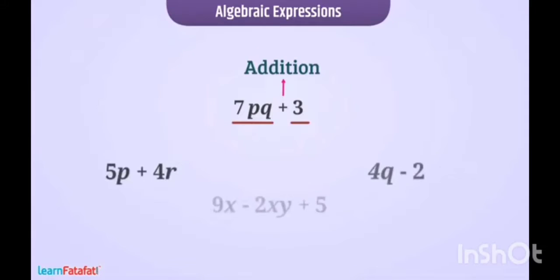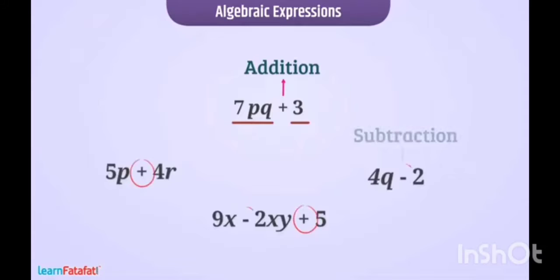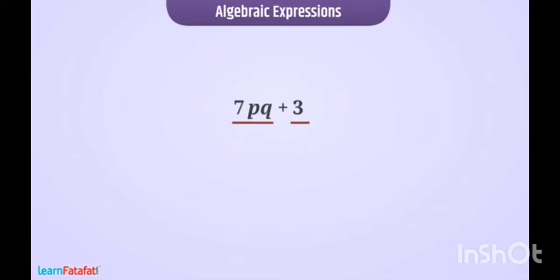In every expression, we see various terms separated by addition or subtraction operation. If you think about any term, then you will notice that each term is a product of factors. For example, 7pq is a product of factors 7, p and q. In the same way, 3 is the product of 3 and 1.